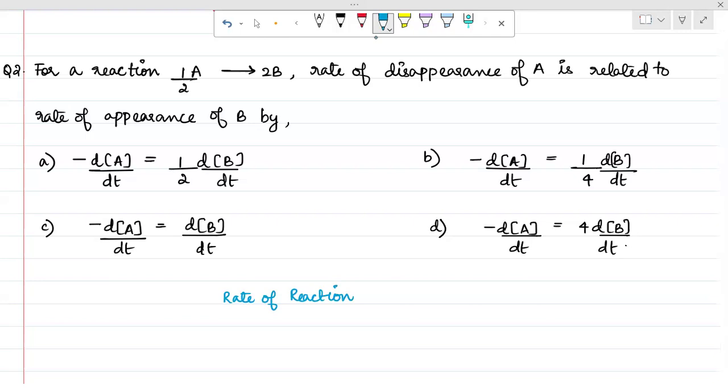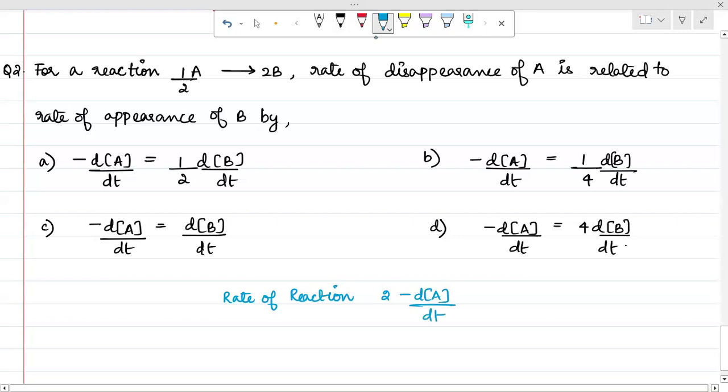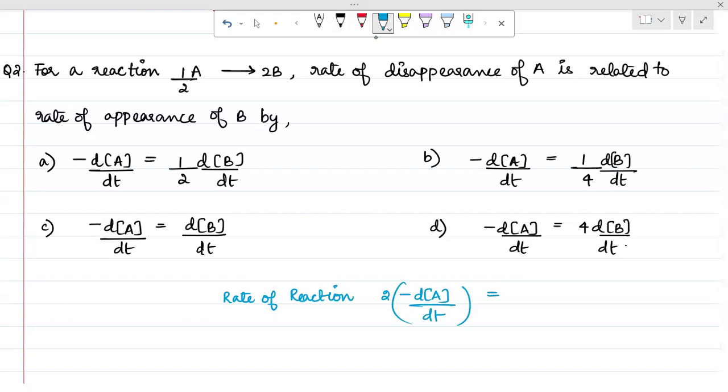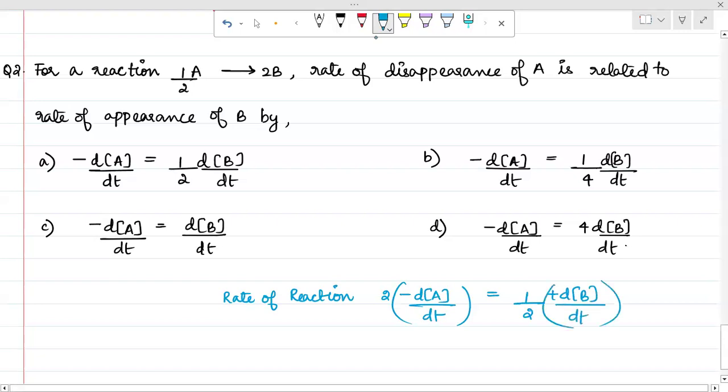The reciprocal of the stoichiometric coefficient is 2. So it is going to be 2 times minus dA by dt equal to, on the product side, you have B and the stoichiometric coefficient is 2. Its reciprocal is 1 by 2 plus dB by dt. Okay, this is what you have.